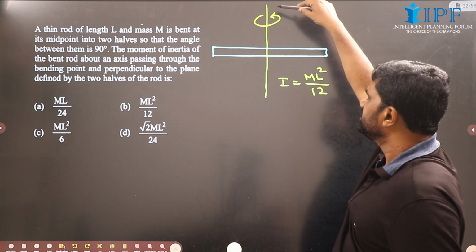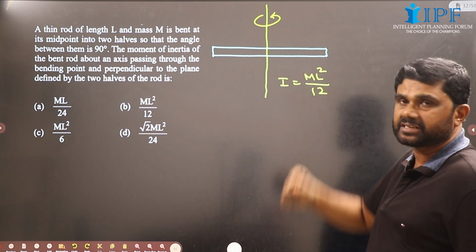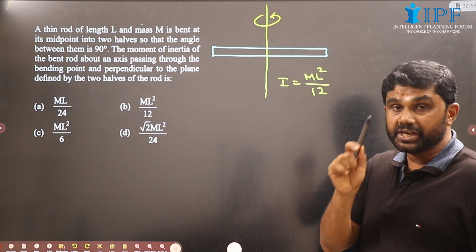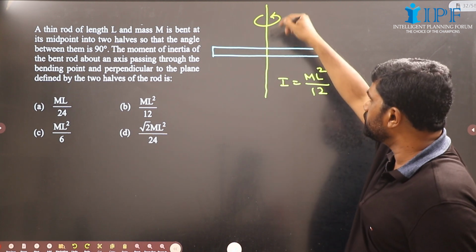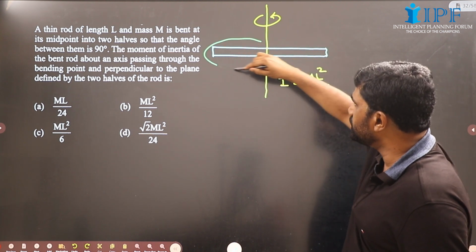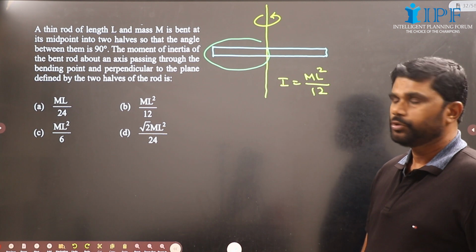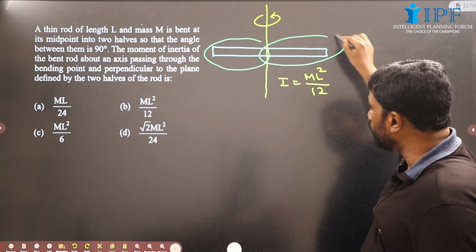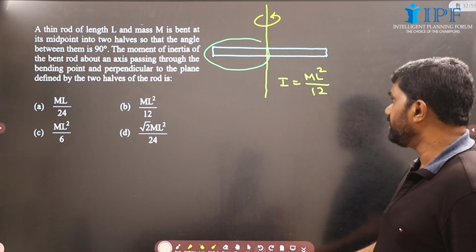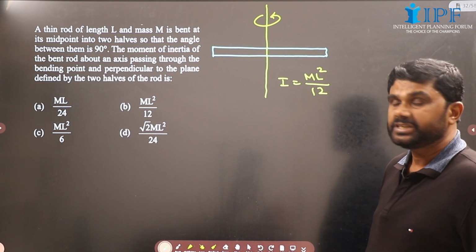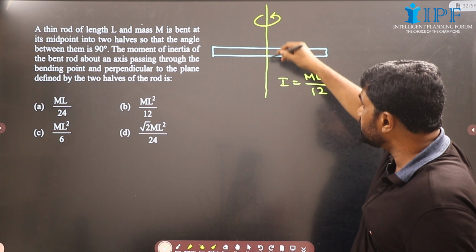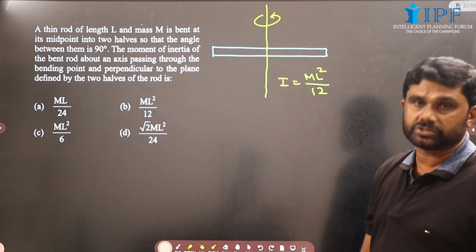See, because with respect to this axis, the orientation of the rod does not change. With respect to this axis, this part is perpendicular to the axis, and this part is also perpendicular to the axis. When those two parts are mutually perpendicular, about this axis the orientation does not change.